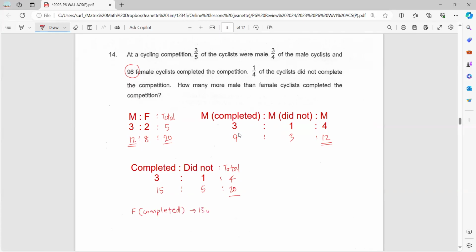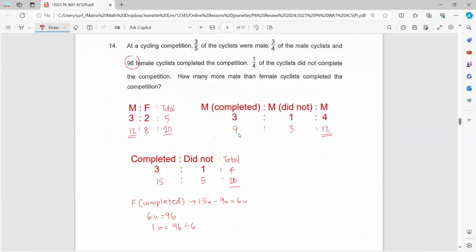So 15 minus 9, which is 6 units. So 6 units is 96. Okay, so 1 unit is 96 divided by 6, which is 16.